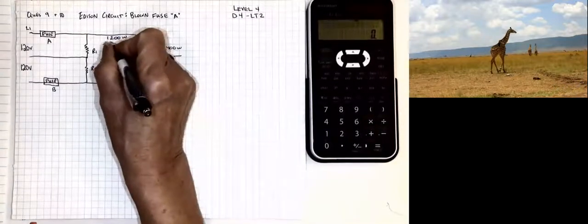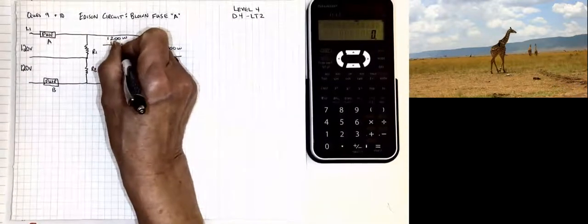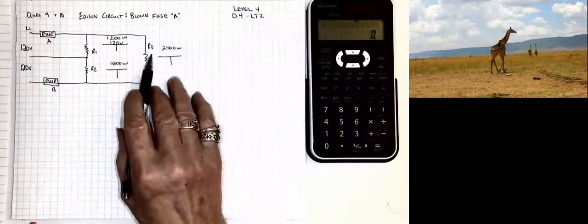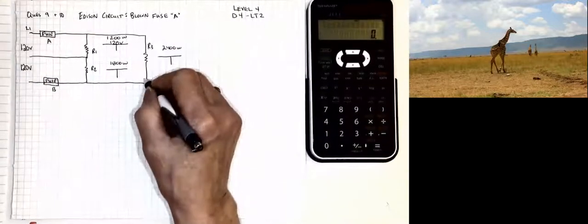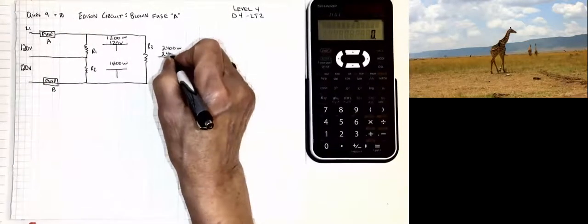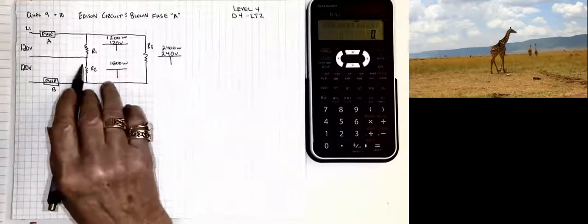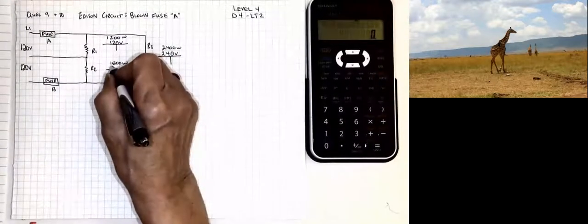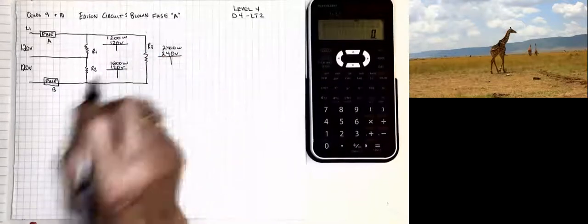We can put that here. The R3 value is across all of the 240 volts of that supply, and R2 over here is also getting 120 volts.